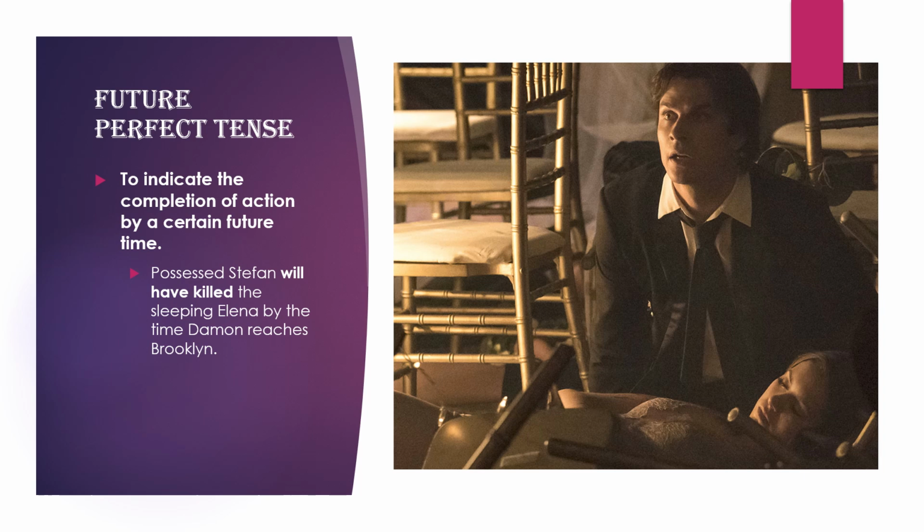Therefore, for such cases, we stick to the usage of will and not would. Would gives it a non-confirming, dicey status, whereas will lends perfect clarity that yes, this action will take place. So possessed Stefan will have killed the sleeping Elena by the time Damon reaches Brooklyn. This is how we use the future perfect tense.